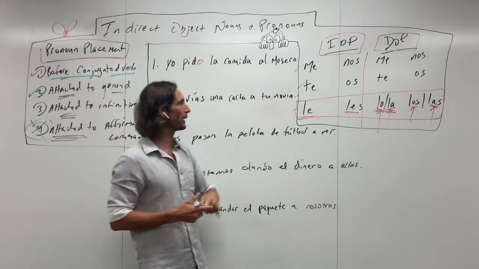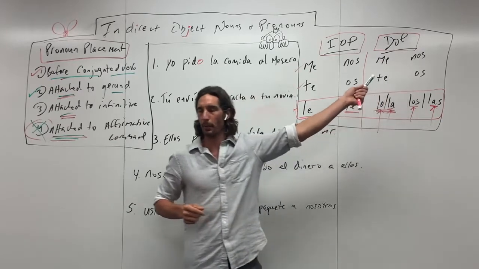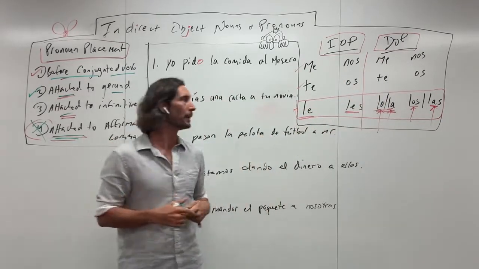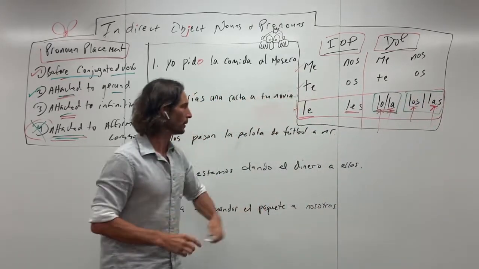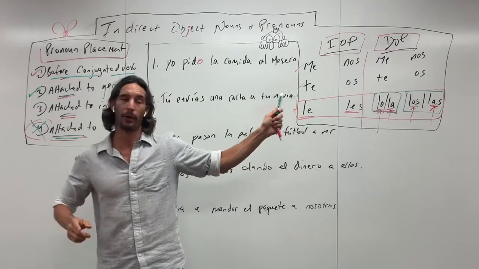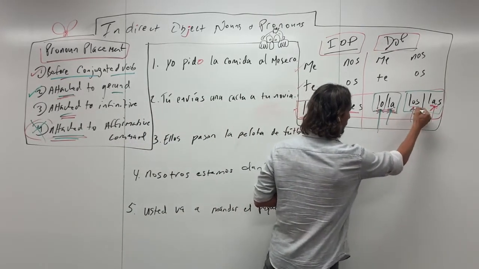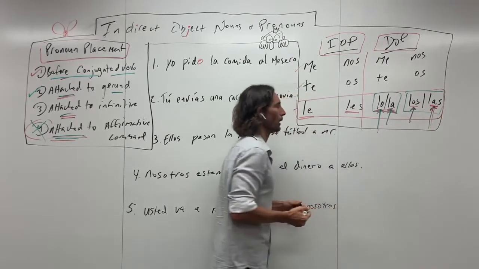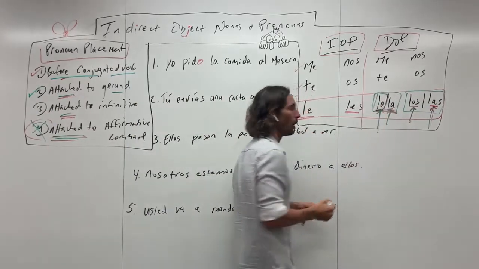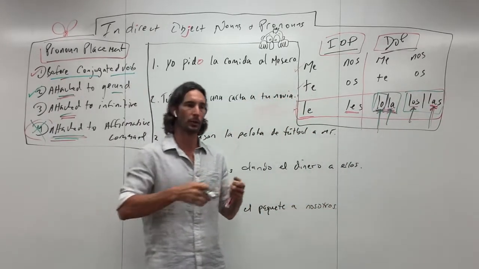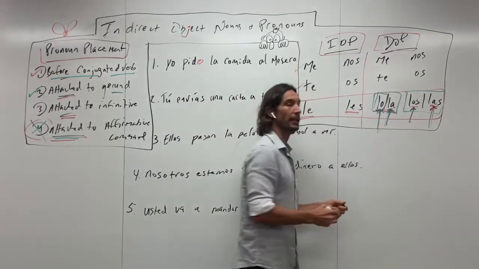And so I want to bring your attention over here to the pronouns themselves. Again, we've already gone over the direct object pronouns, so you're very well aware of them. And of course, the third person for the direct object pronouns, which is going to be different from the indirect object pronouns, as you can see, the third person singular and plural is concerned with number and gender. So to use lo would mean that the direct object noun was singular and masculine. And then likewise here, it would be singular but feminine.